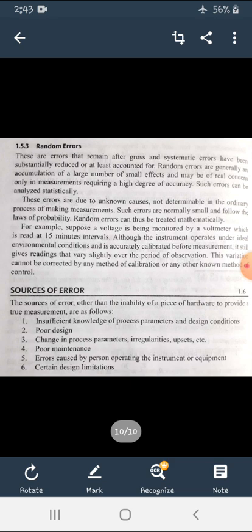Human error is a very important phenomenon, because you cannot mathematically treat it, because who makes which kind of mistake is not possible to know. So proper knowledge of how to measure with the instrument should be properly known.